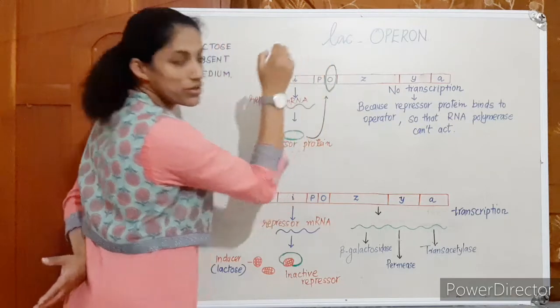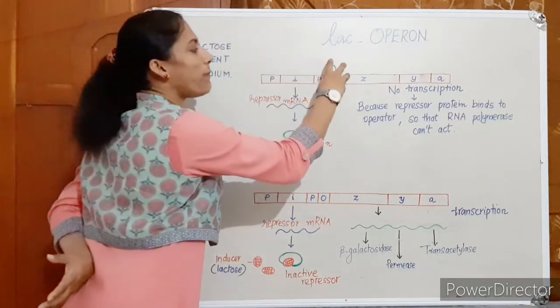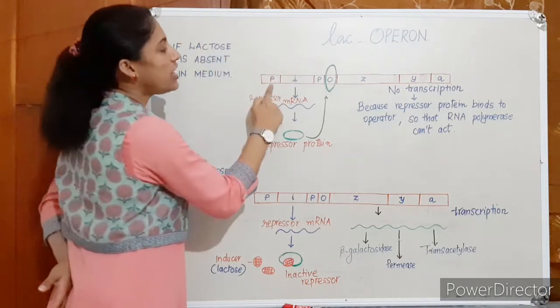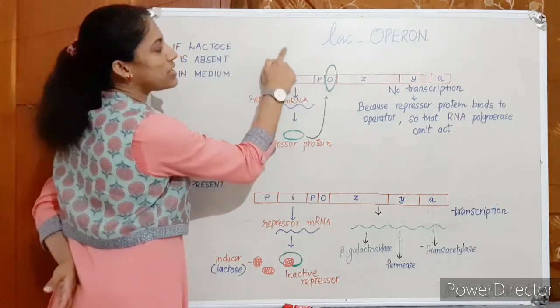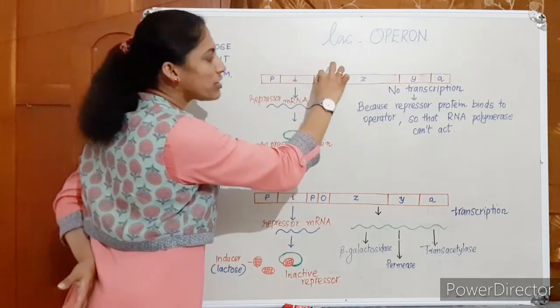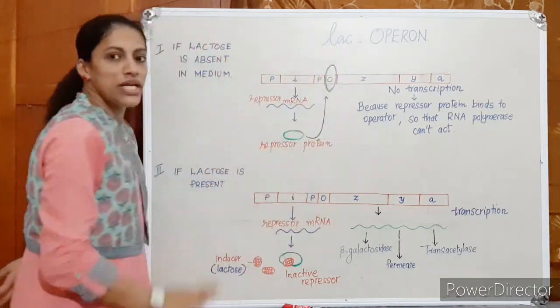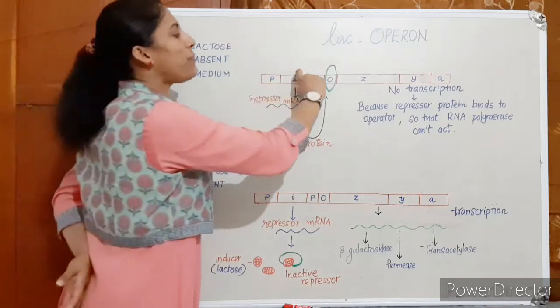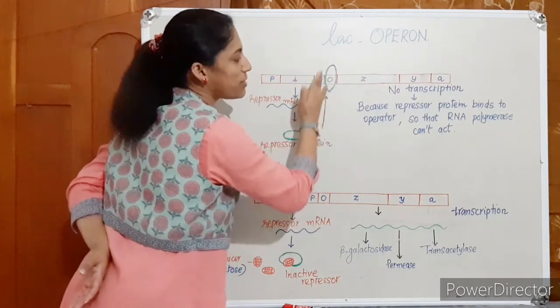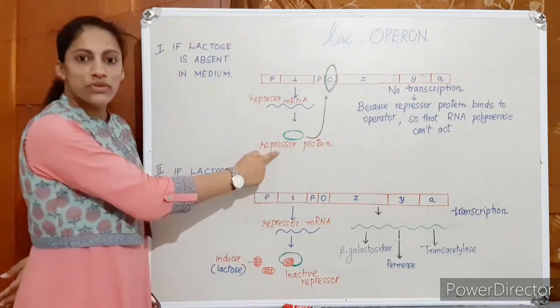That's what I have shown here. It blocks the operator sequence, there is a block. Then imagine our enzyme, RNA polymerase, has reached here. It is opening the helix and moving to here. Here is a block. It cannot proceed. The RNA polymerase enzyme cannot proceed after this because there is a block by the repressor protein.